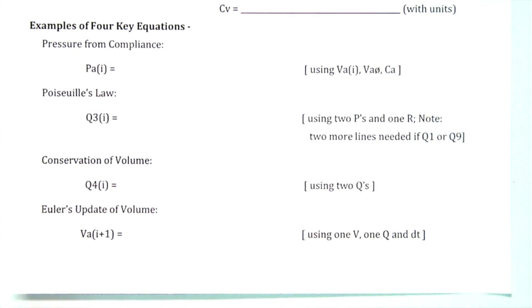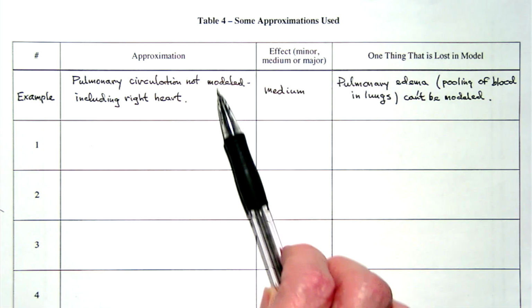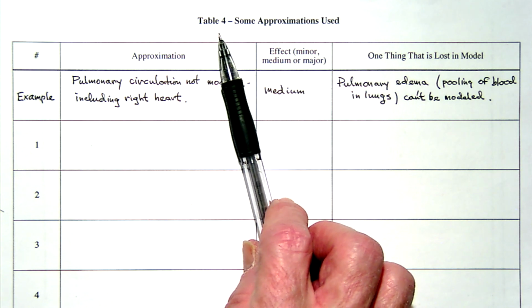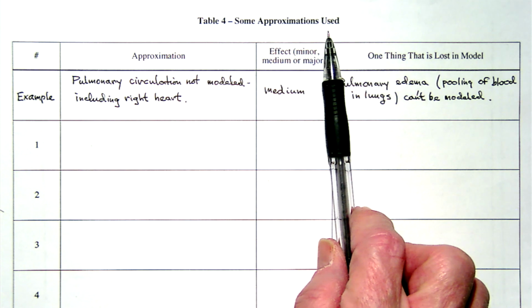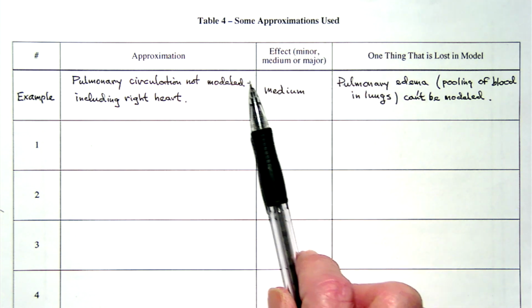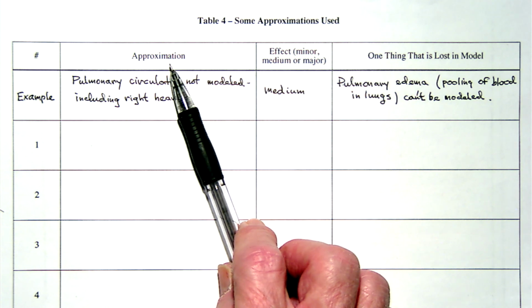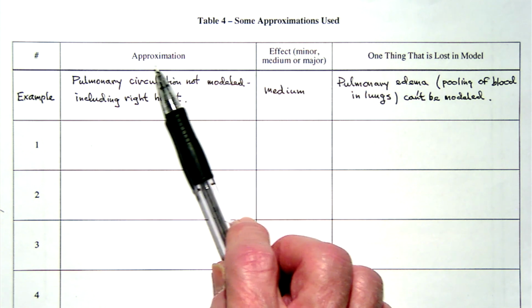Now let's turn to the last of the worksheets, which is Table 4C in the appendix, which lists some of the approximations that will be necessary for us to carry out our simulation of the systemic cardiovascular system. It turns out every modeling requires some approximations. Otherwise, the simulation would be too complex to carry out.